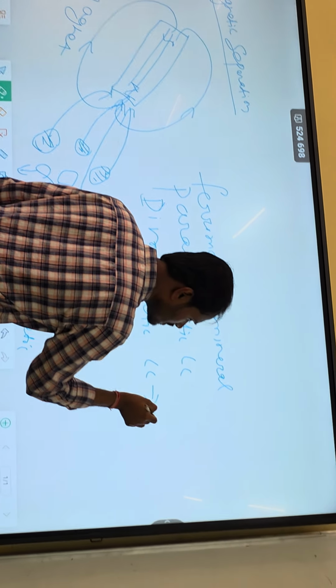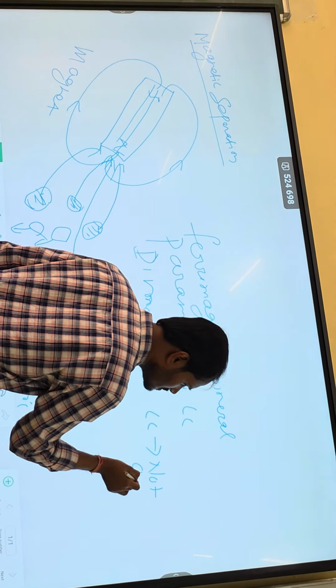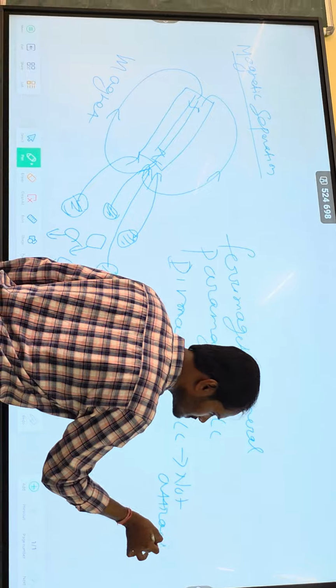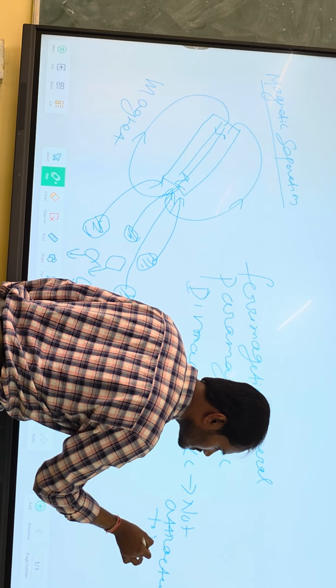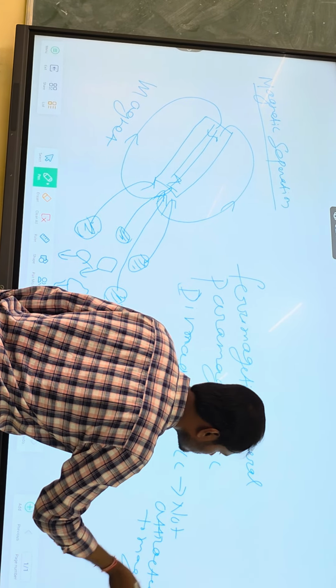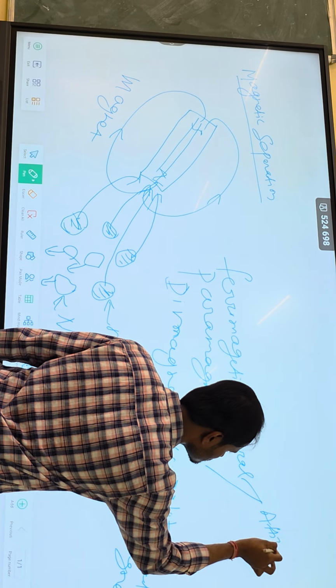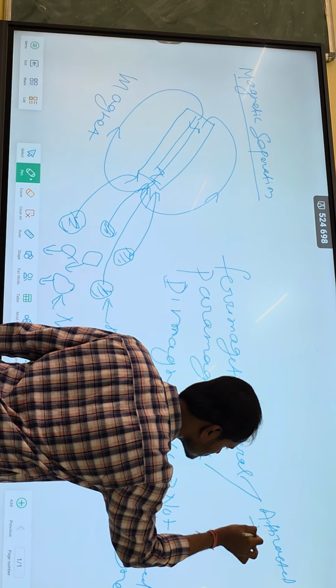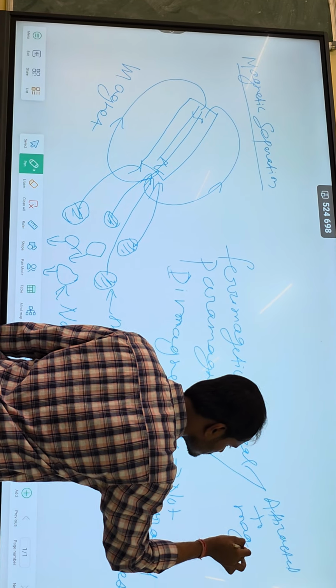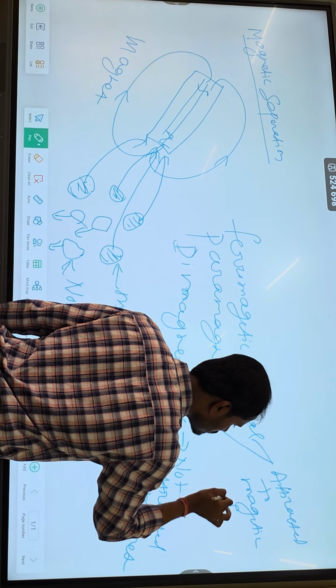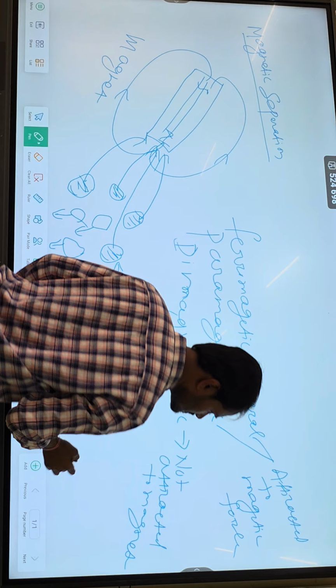So, not attracting to a magnet, but these two are attracted by a magnetic force or magnet, whatever you can say.